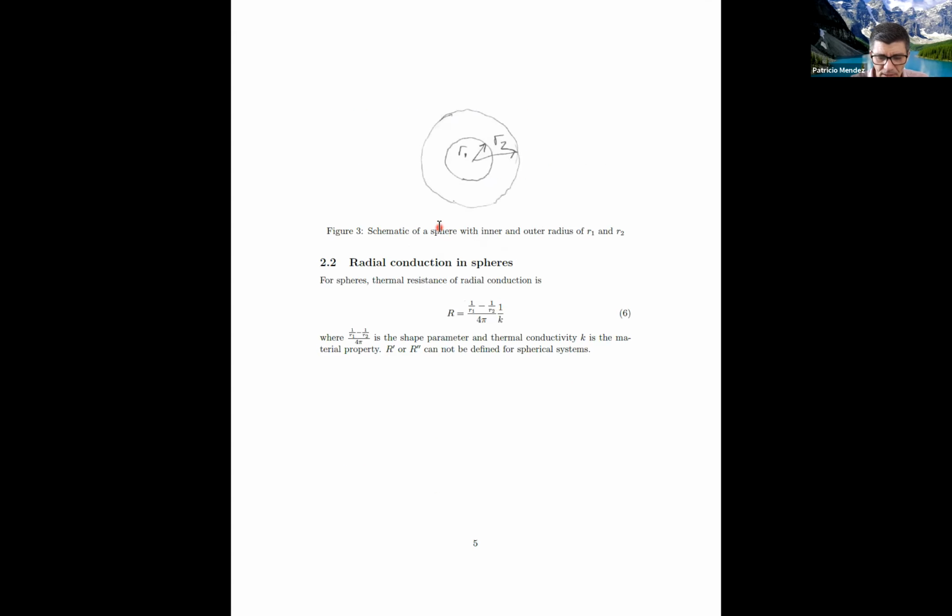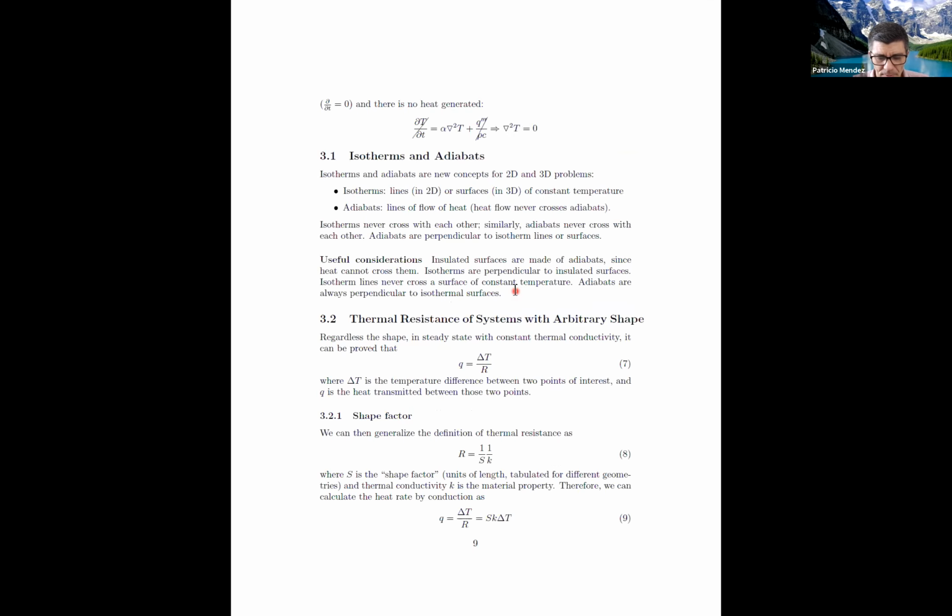Similarly for the sphere, look at this. We have K here and something that depended only on the geometry that has units of 1 over length. So what people decided to do is define resistance in a very general way as something that is 1 over K that captures the material properties.